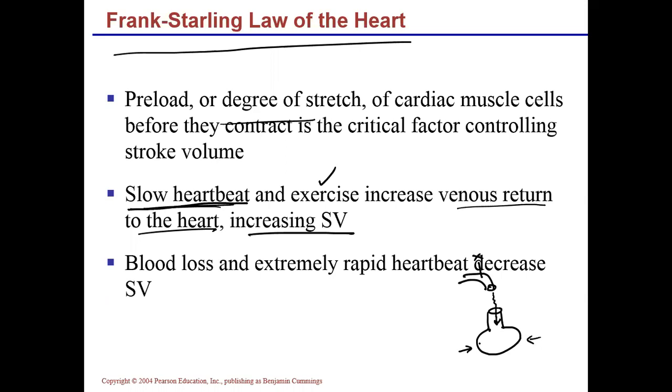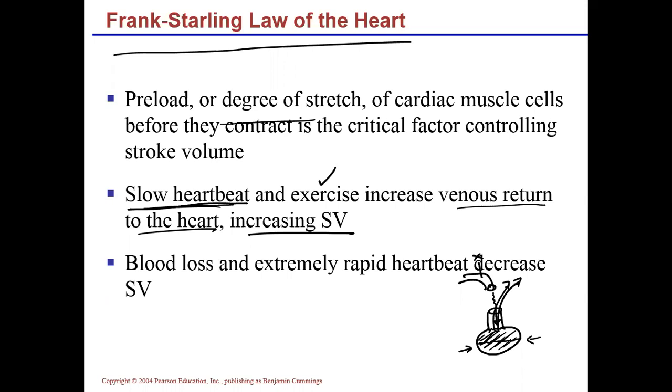So the water is getting filled, let's say it's supposed to fill up halfway, but you're not putting your hands on it to squeeze until maybe the water is all the way to the neck area. Now you're squeezing it. You'll have had more time to get filled. Obviously, if it's now all the way to the neck area and you're squeezing it, more water is going to come out because it had more time to fill. Same thing here: slow heartbeat, and more time to fill.